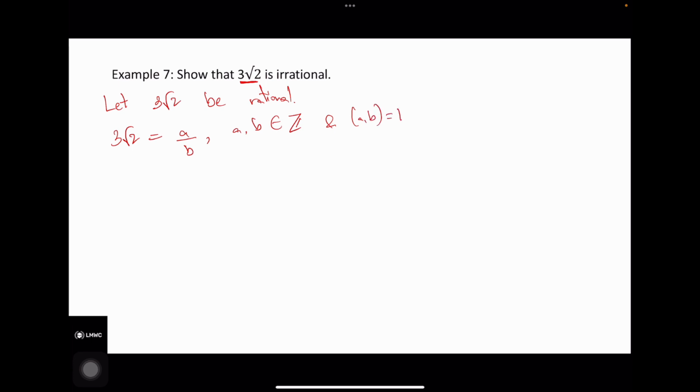Next, I'm going to separate the irrational and the rational parts. Already I have root of 2 on the left hand side. I just need to take this 3 to the other side. So root of 2 equals a by b, which is already on the right hand side. If I put the 3 to the other side, it will definitely go down in the denominator, so that will be b times 3, which is root 2 equals a by 3b.